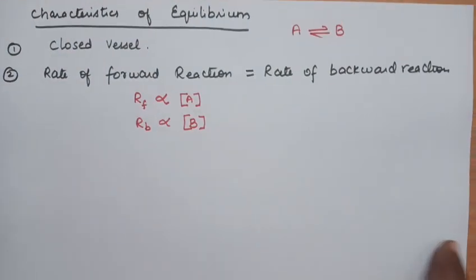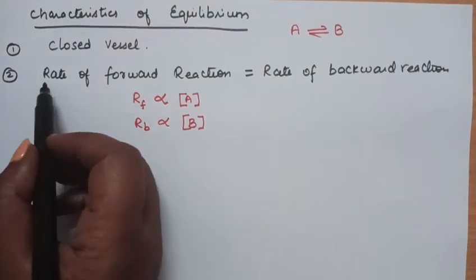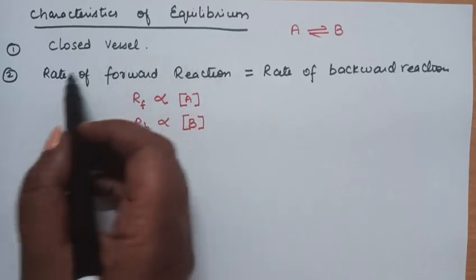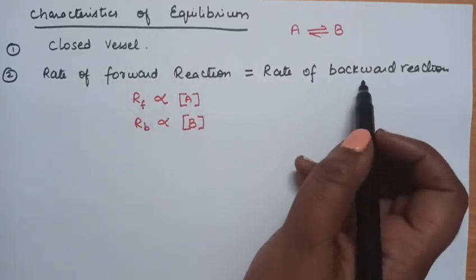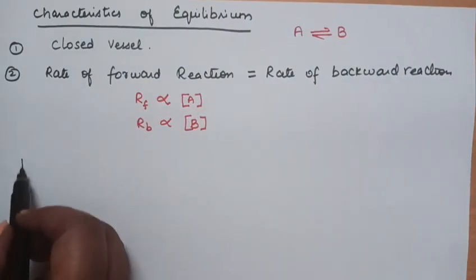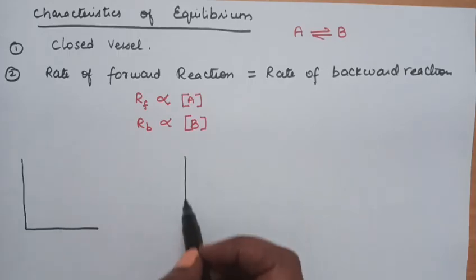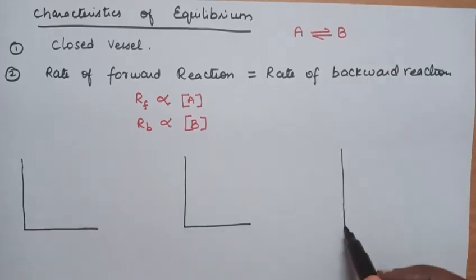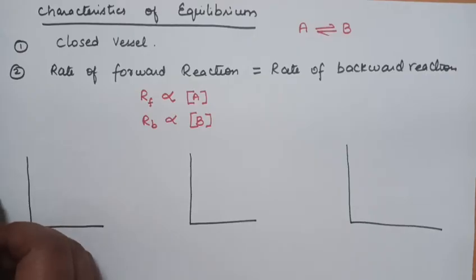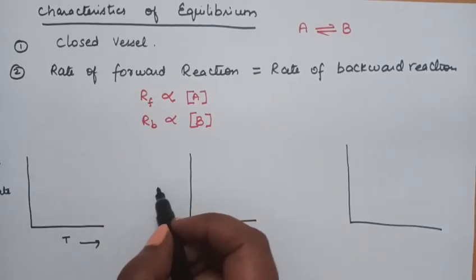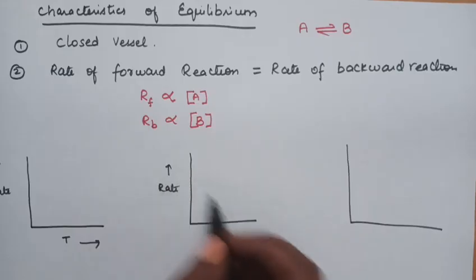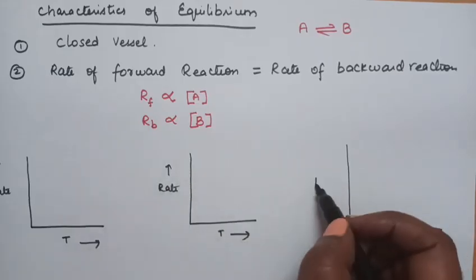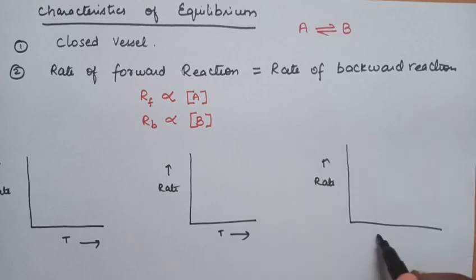So students, now we will draw the graph and try to understand this. Here the meaning of rate is speed. Speed of forward reaction should be equal to speed of backward reaction. So draw three graphs, 1, 2, 3. Take rate on the y-axis and time on the x-axis.